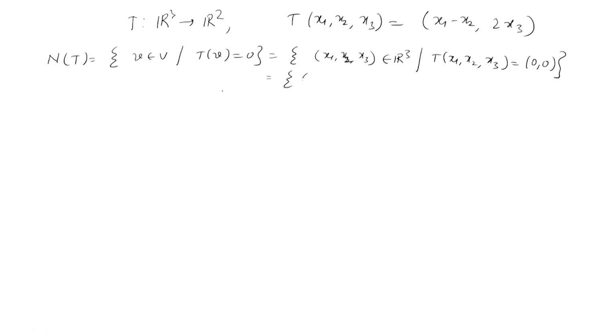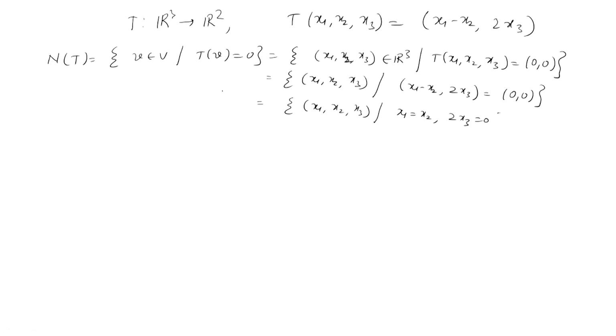T of (x1, x2, x3) is nothing but (x1 minus x2, 2x3), and it is (0, 0). So this is all those (x1, x2, x3) in R3 such that x1 equals x2 and 2x3 equals 0, that means x3 equals 0.